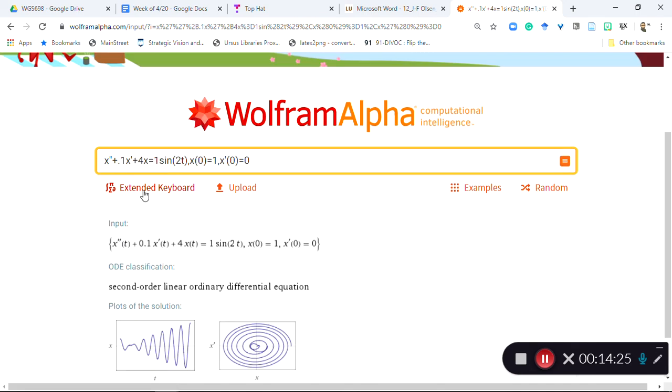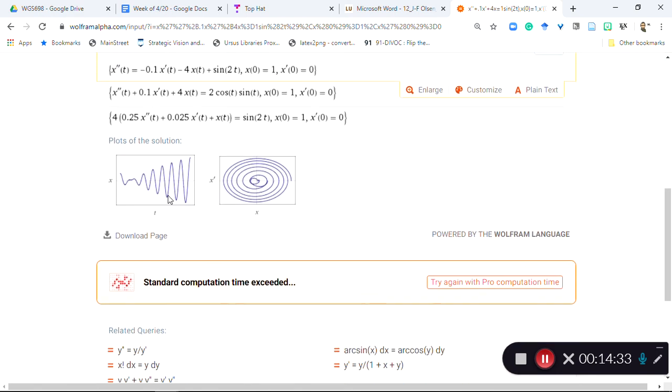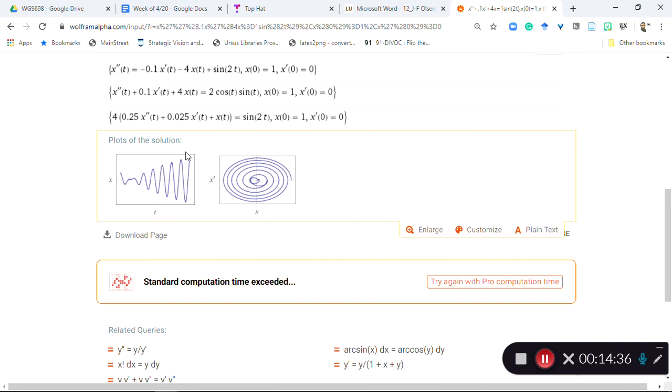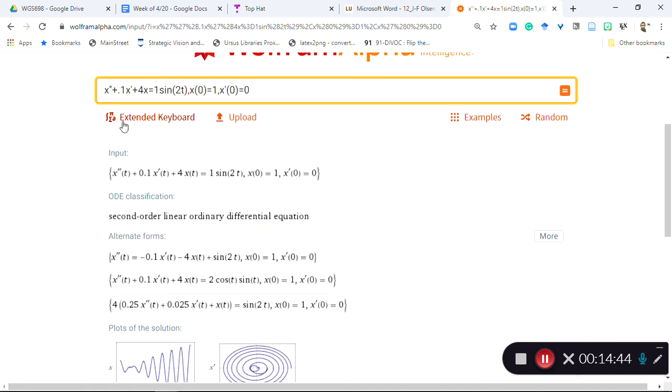So now the gamma is quite small, right? It's just 0.1. So now look, this looks a lot like resonance. It's still not going to happen, though. And the reason it's not going to happen is that sine of 2t is not in the kernel of this operator.